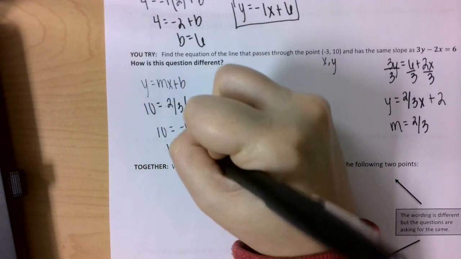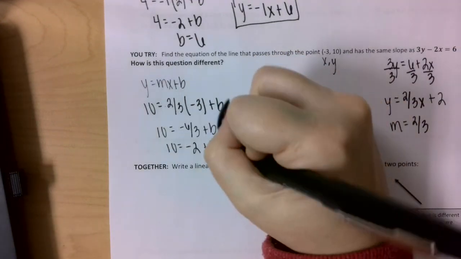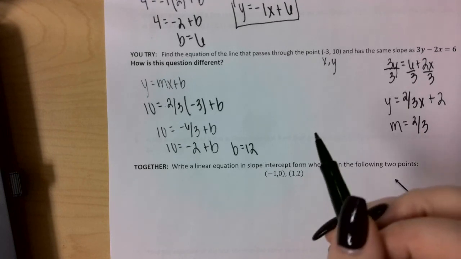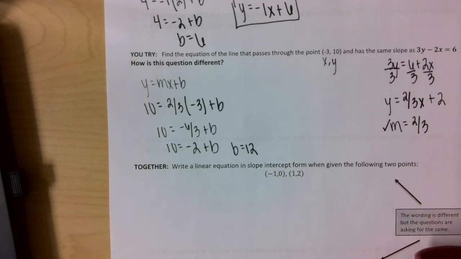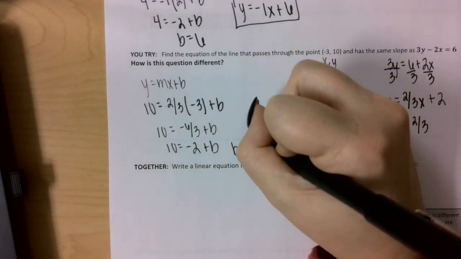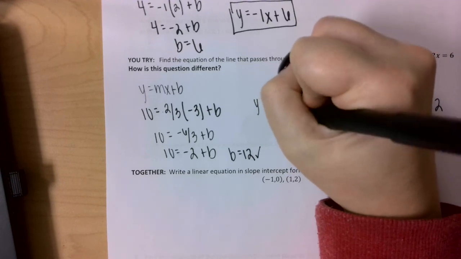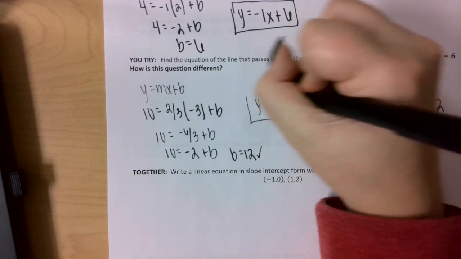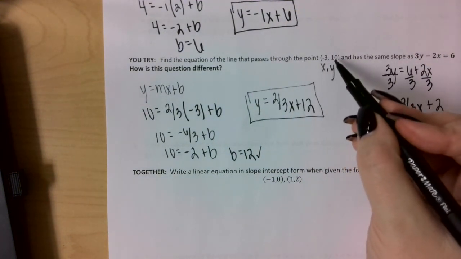That's going to be negative 2. Okay, and then b here would equal 12. So again, your final answer is to write a final equation. So you need this same slope, and you want your new y-intercept. So I'm going to write my new slope and my new y-intercept. So this equation has the same slope as my original, but also includes these points.